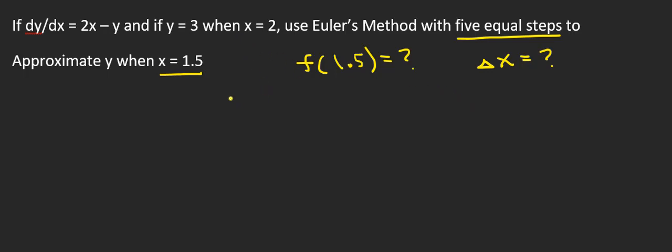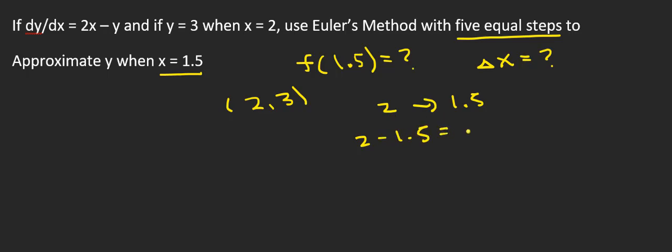Well, the initial value is 2, 3. Okay, so the original x value is 2, and we want to get to 1.5. So we're starting from 2, and we want to get to 1.5. So obviously, you can tell that delta x is going to be negative.